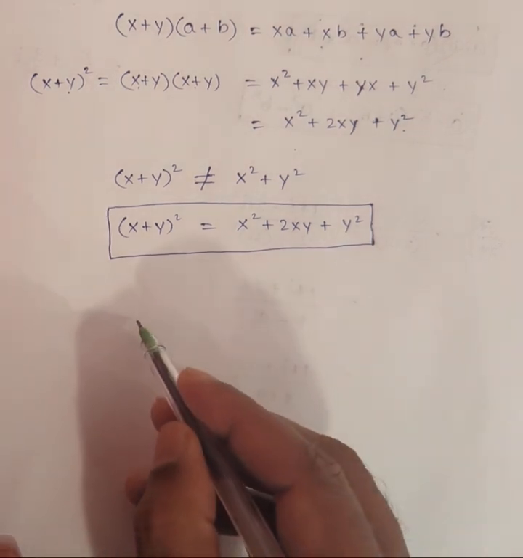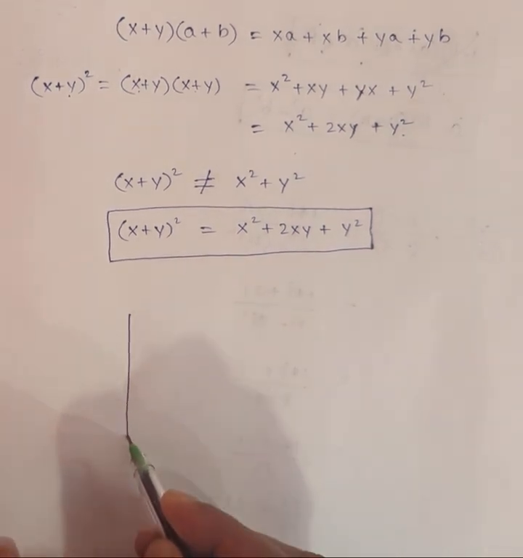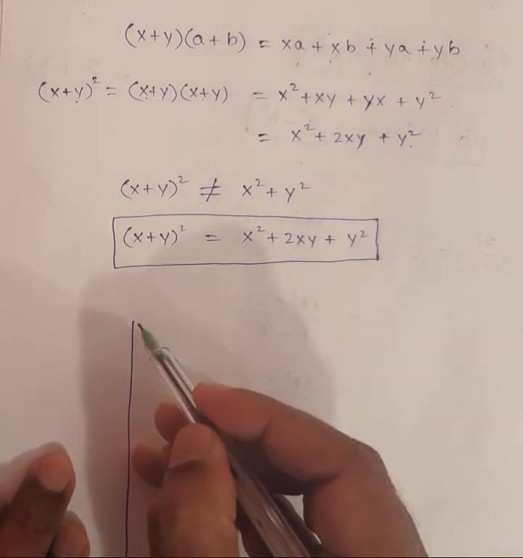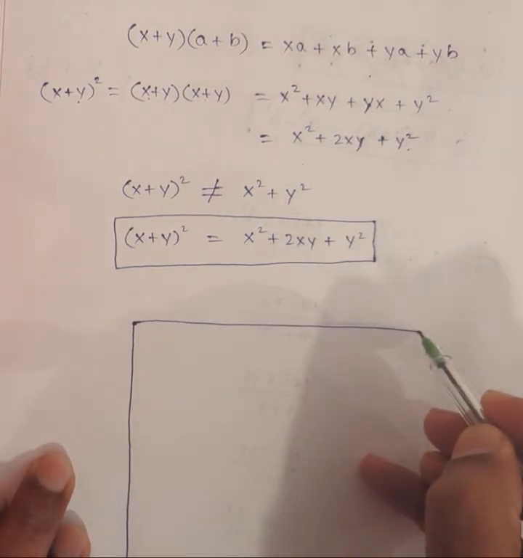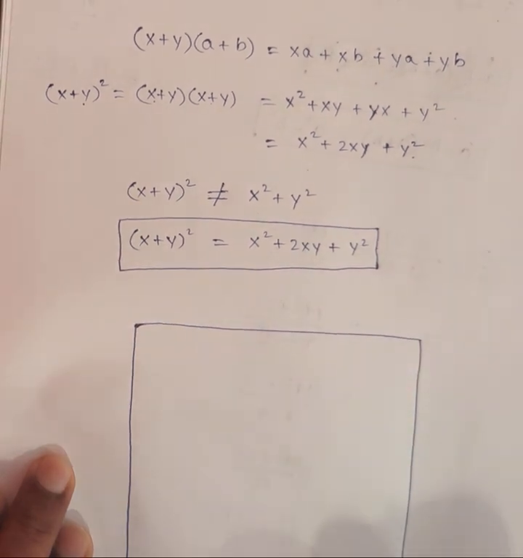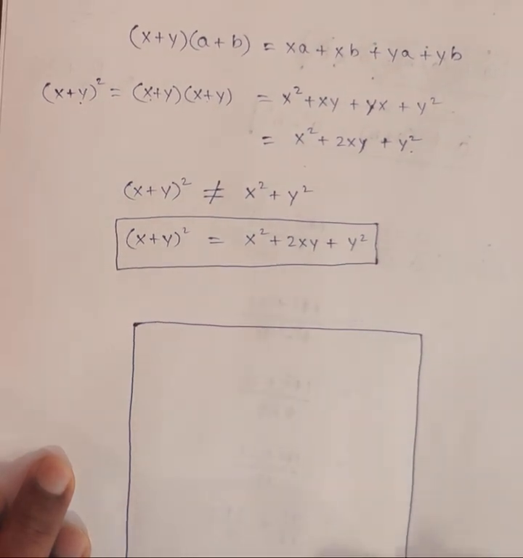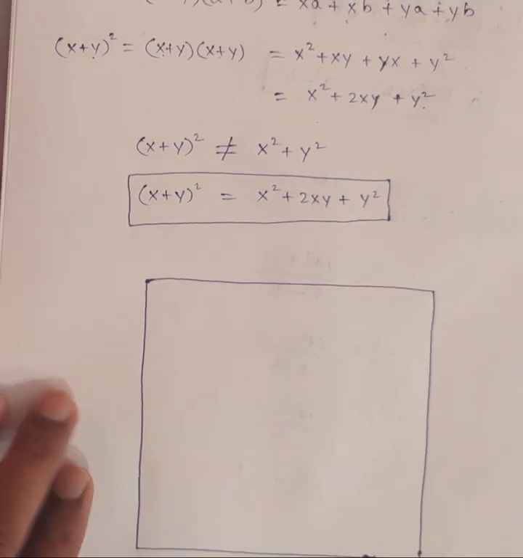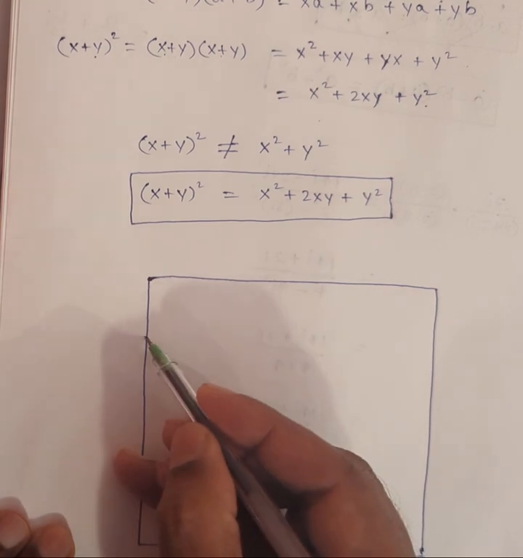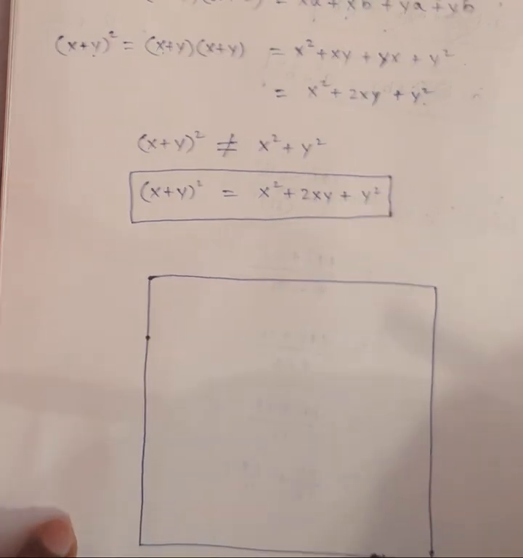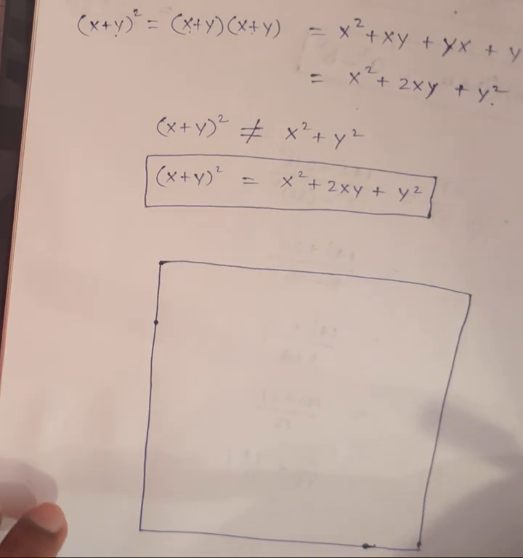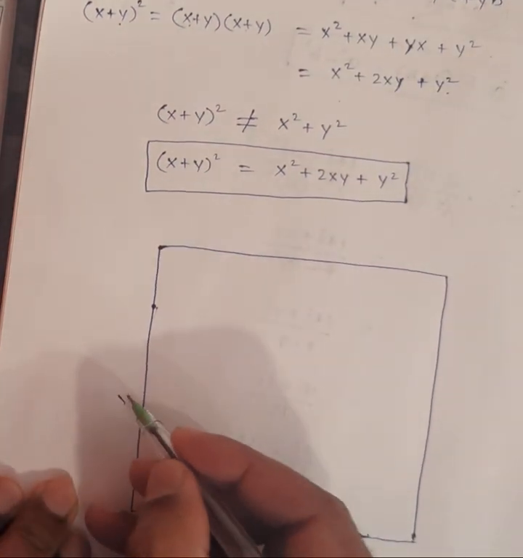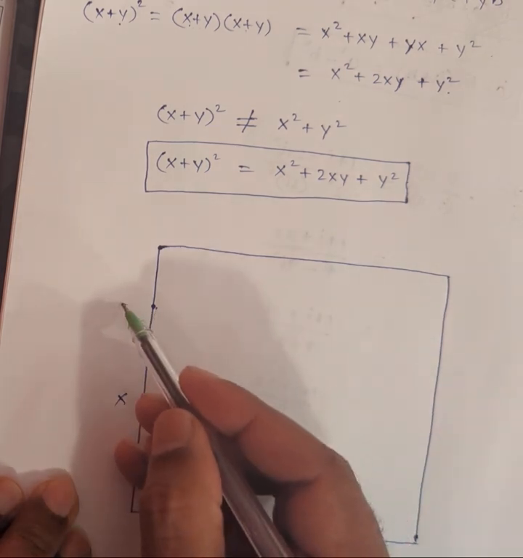So what I'm going to do is I'm going to draw a square, and I will mark some points on the two dimensions of the square. So say from here to here it's x. x is all of this distance.